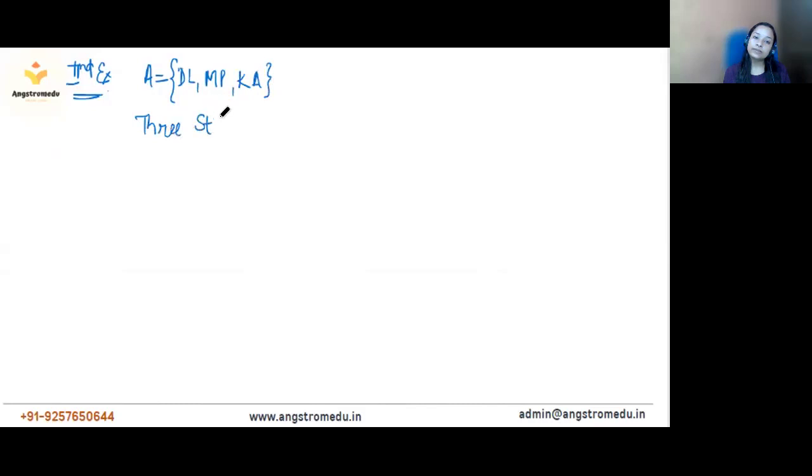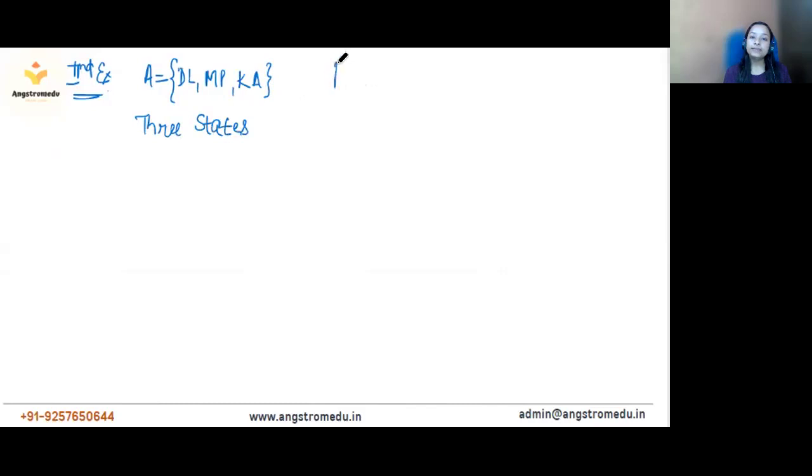I can have one more example. In the second example, I am going to take two sets. Let's say A is equal to BL, MP, and AA. These are the three states.